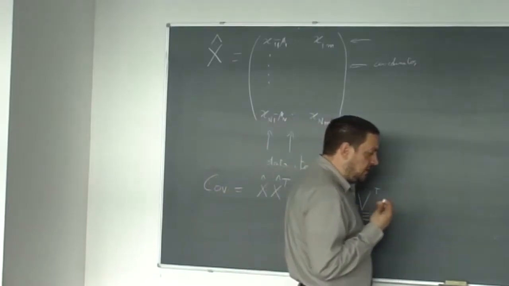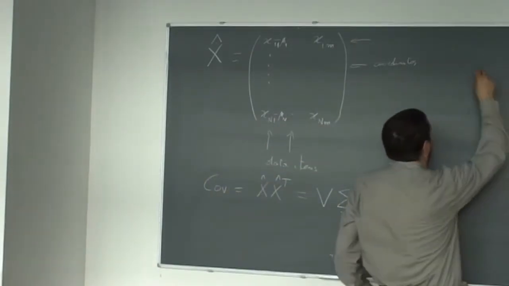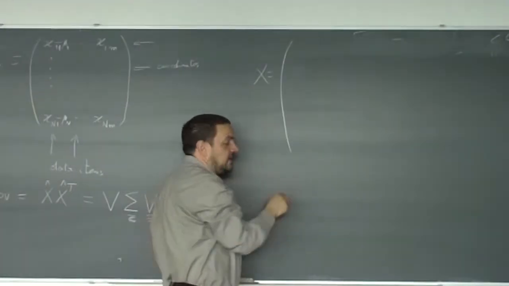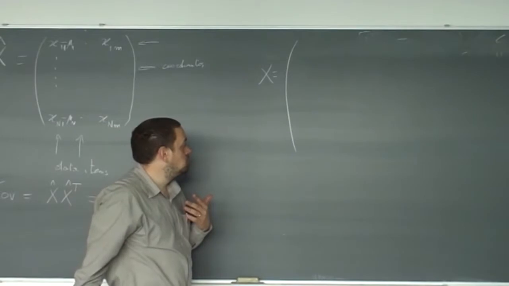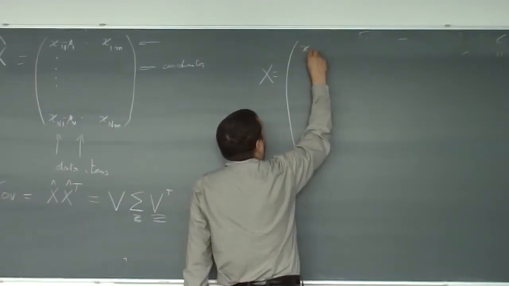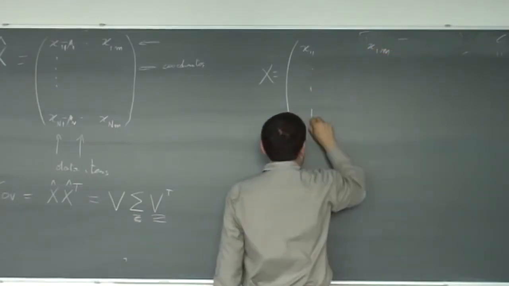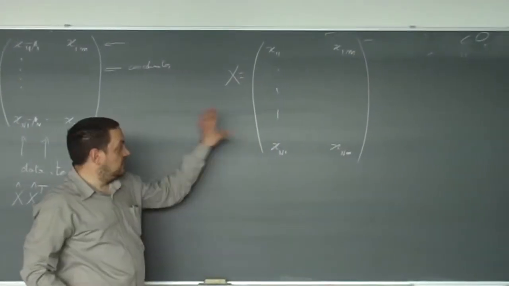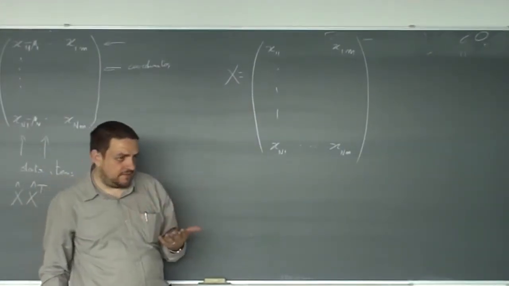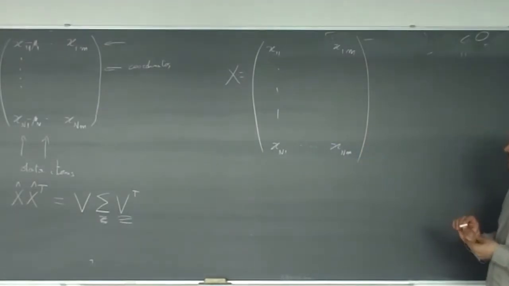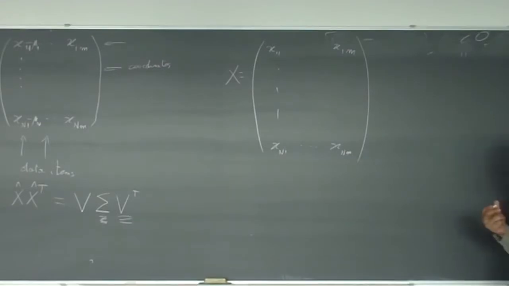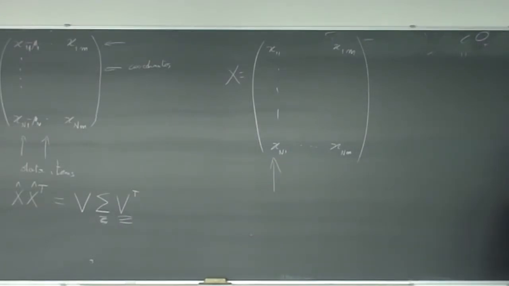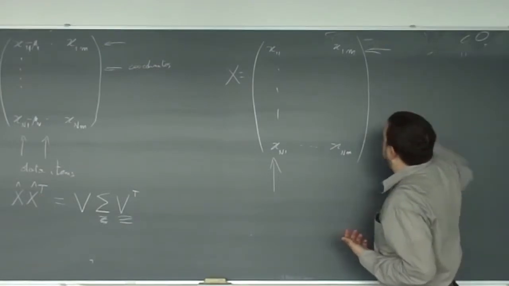The idea, for example, is that if your matrix represents the TF-IDF coordinates of a set of documents, you can see columns as representations of documents, of course, but you can also see rows as representations of terms.